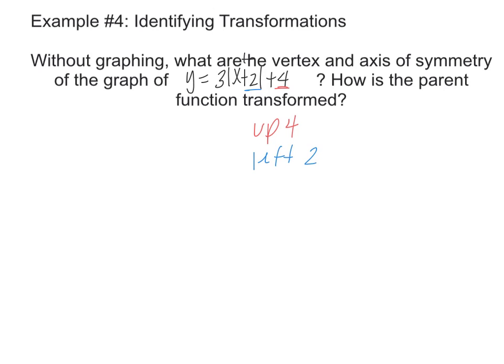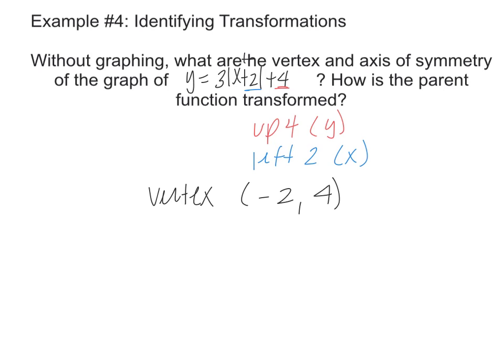So if you think about it, when you move up 4 and left 2, remember, this would actually be your x, right? And this would be your y. As an ordered pair, that vertex would actually be (-2, 4), because we went left 2 on the x-axis and up 4 on the y-axis.